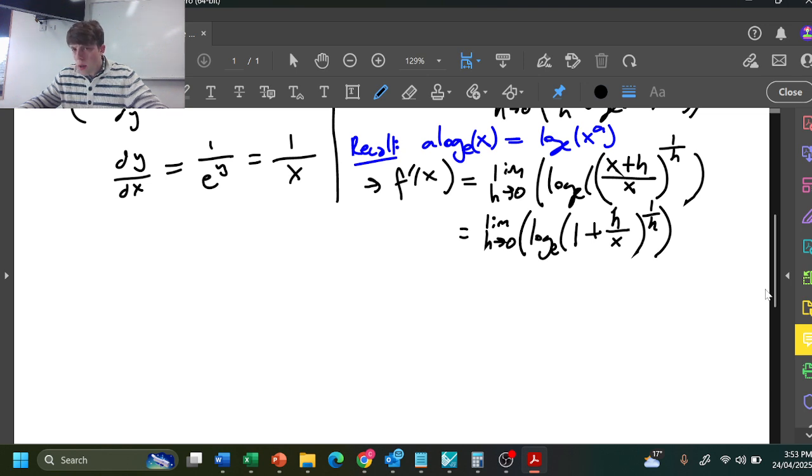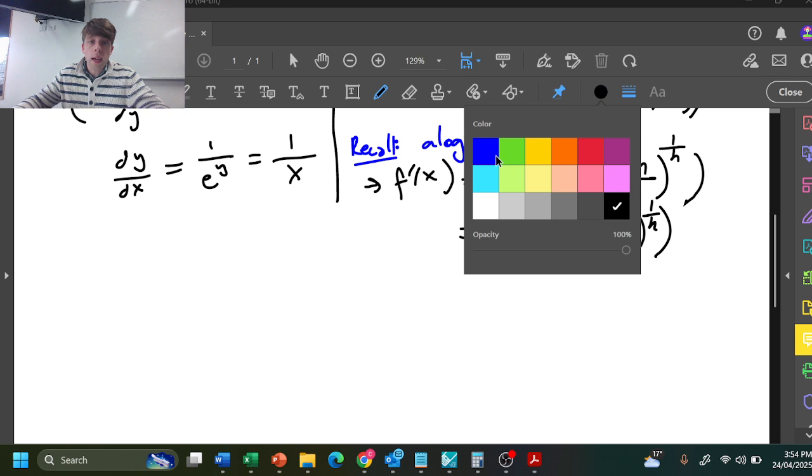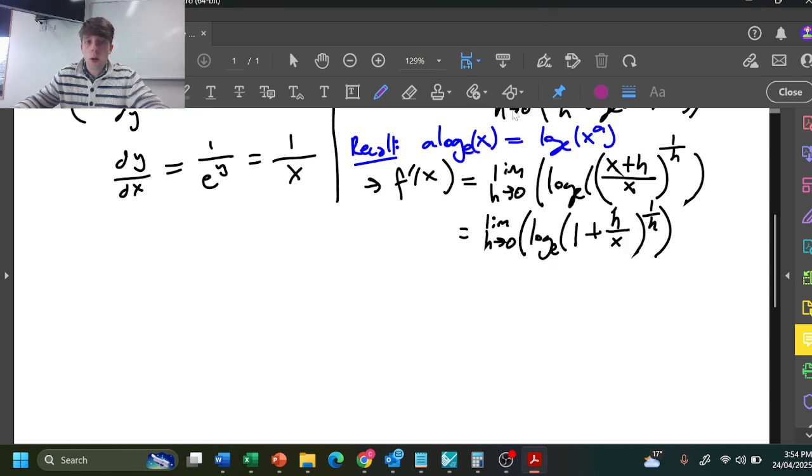Okay, what else can we do with this? Well, first up, let's have a think about this thing here. If you ignore the log part there, this is getting rather close to the definition of e that we looked at in previous lessons. We've got a limit, we've got something happening over here. So it might be useful to introduce a change of base. So what we're going to do here, and I might do it in purple, is let a new variable, so let's introduce something else.